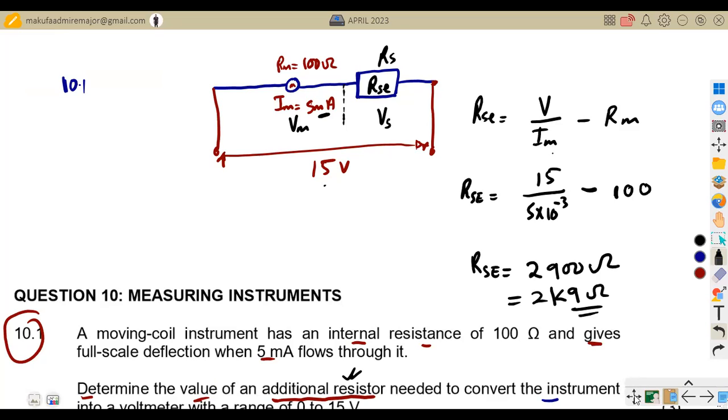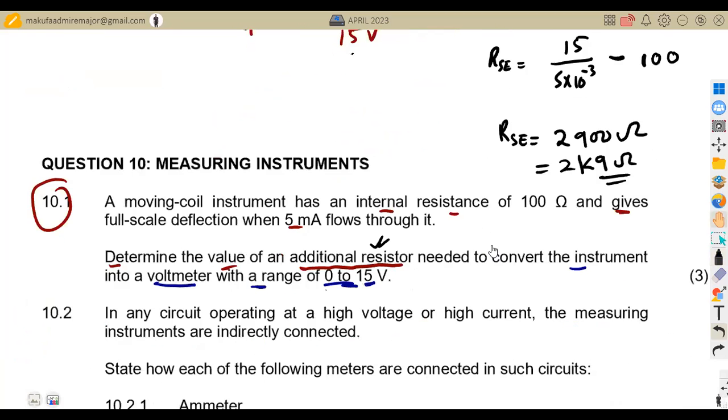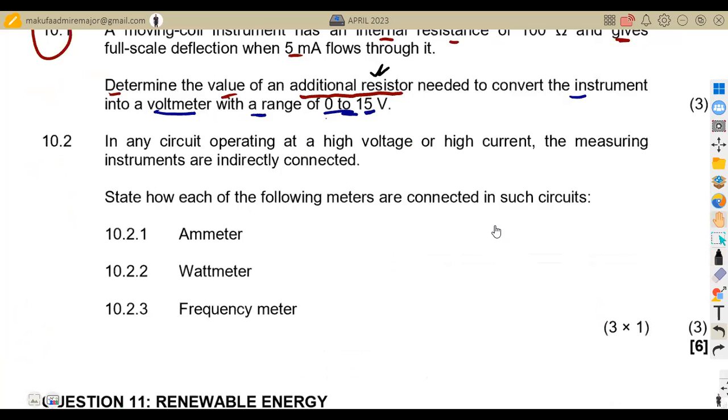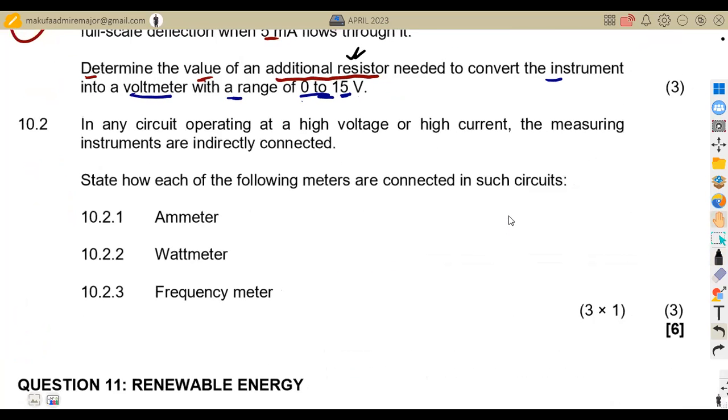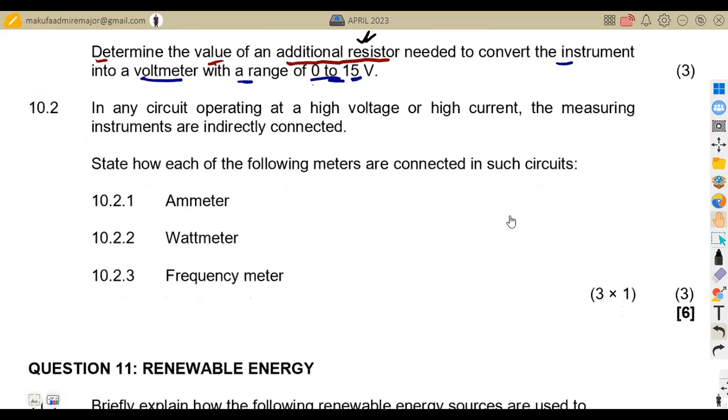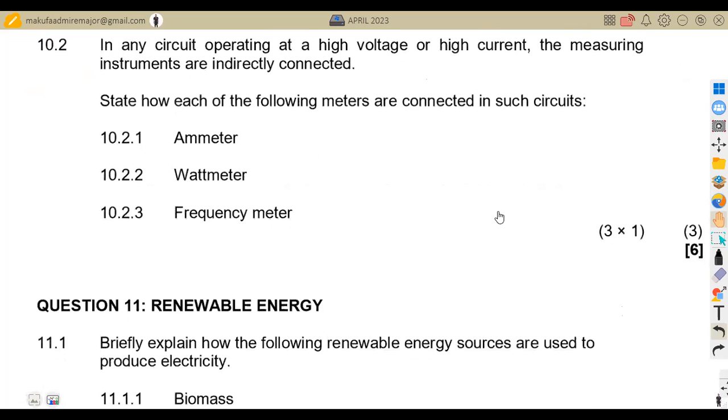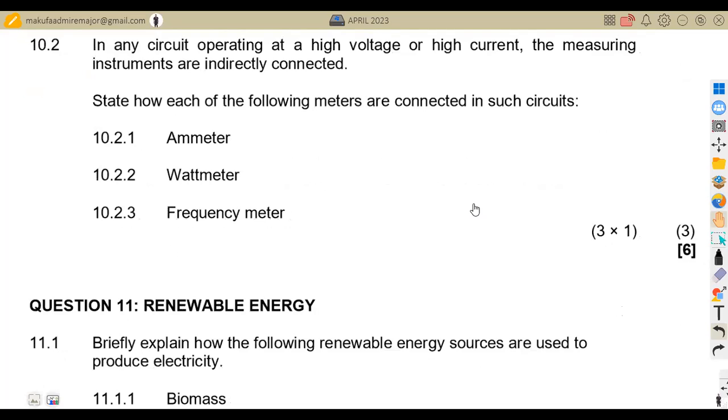That is how we get it at the end. 3 marks for that. You can use the formula directly, but for the purpose of revising, you also need to understand what we are talking about there.